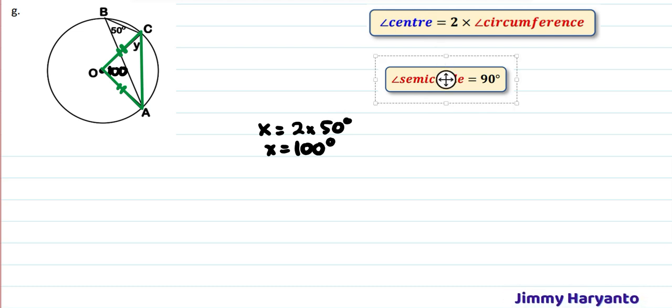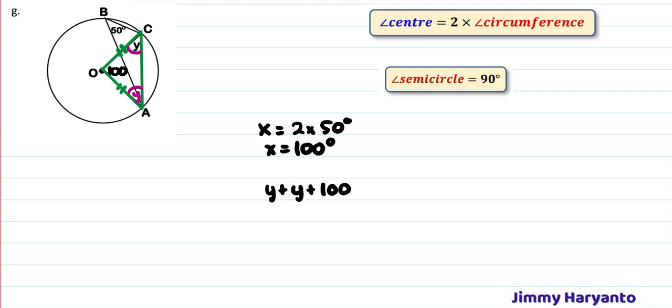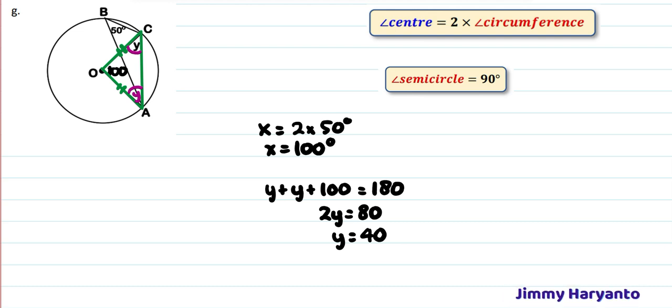That means these angles will be the same. So if one of them is y, the other will also be y. So to find y, you only have to add y plus y plus 100 equals 180 degrees. So 2y equals 80, 180 minus 100. So y equals 80 divided by 2 equals 40. So y equals 40 degrees.